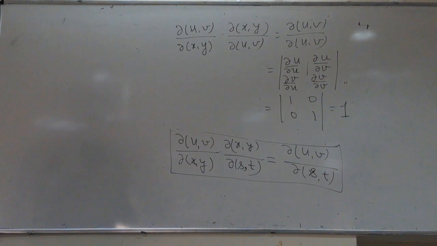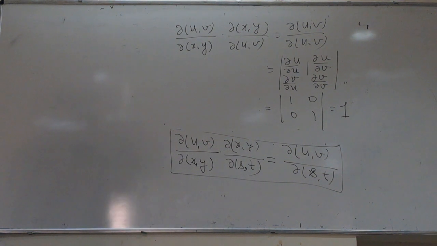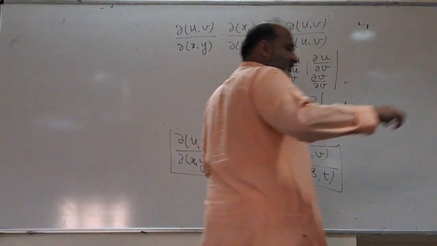The situation can be extended if I am having three functions and three independent variables, or four functions and four independent variables, or five. In every situation, the Jacobian can be defined. So let me have the case of three functions and three variables.